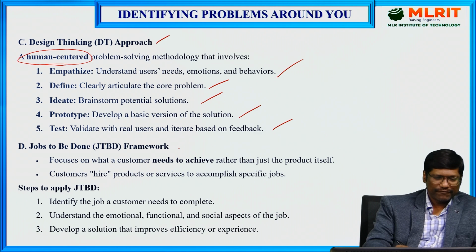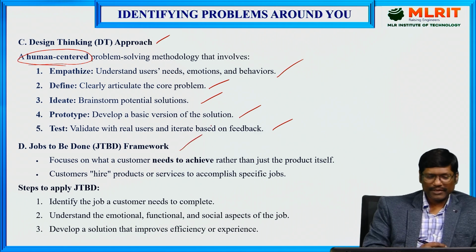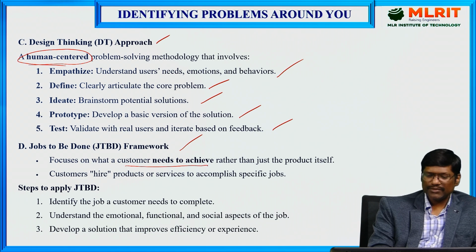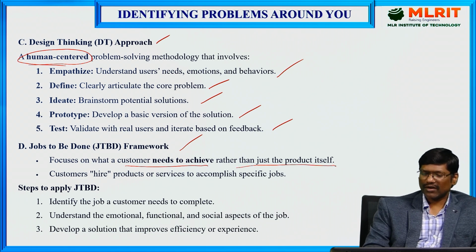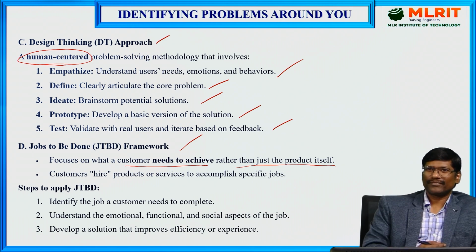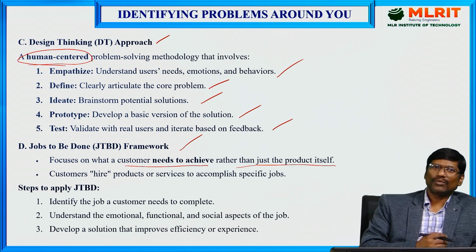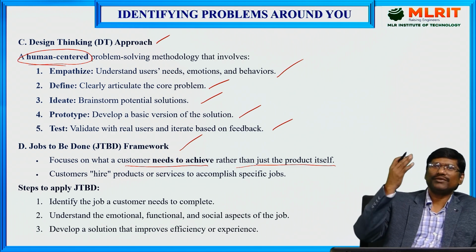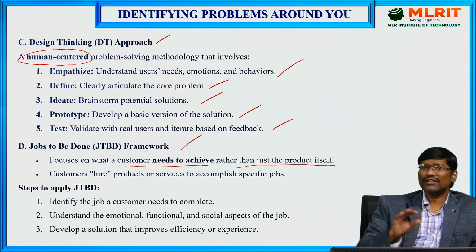The fourth one is jobs to be done framework, right? Focus on what customer needs to achieve rather than just the product itself, right? People buy the product, right, to achieve something, all right? So what you have to do, you have to think about what customer is trying to achieve, not the product that they are buying.